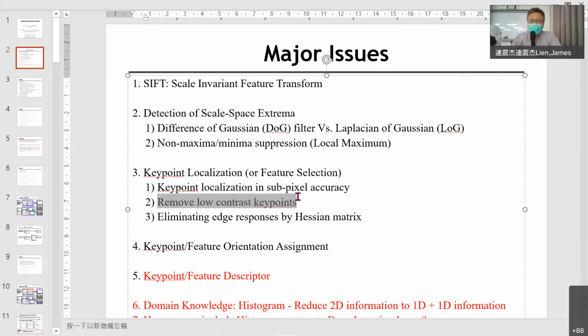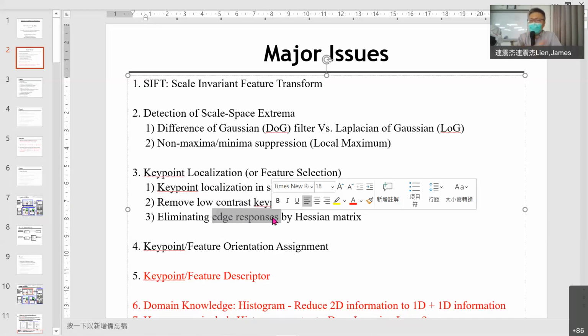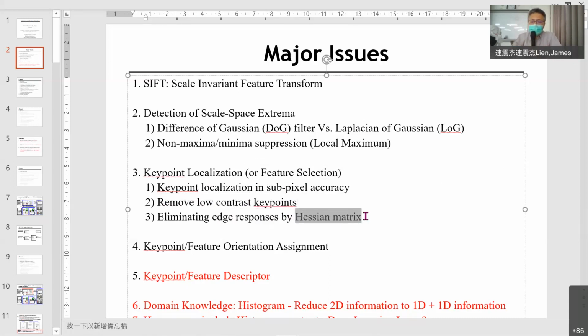How can we remove low contrast points? Also, how can we distinguish the edge and corner? We distinguish edge or corner information using the Hessian matrix. This is the first time we talk about the Hessian matrix. The Hessian matrix is important.